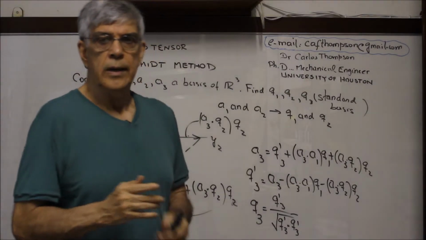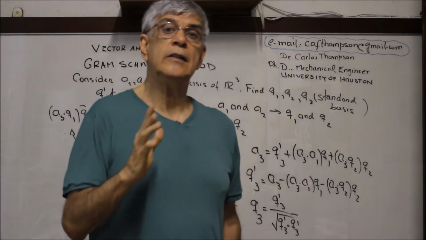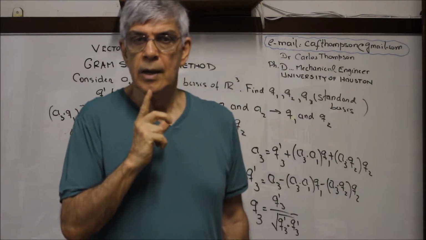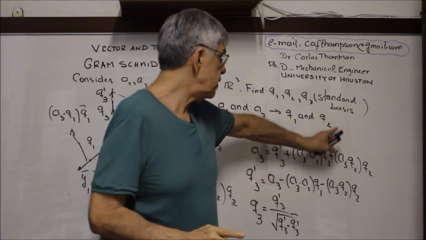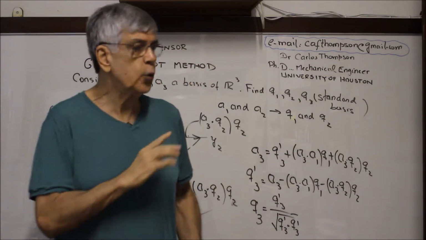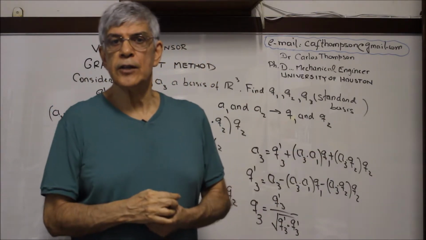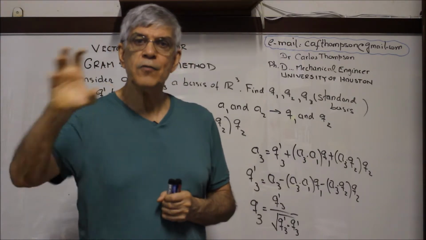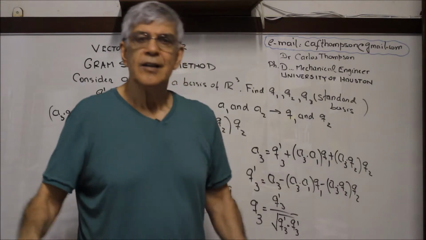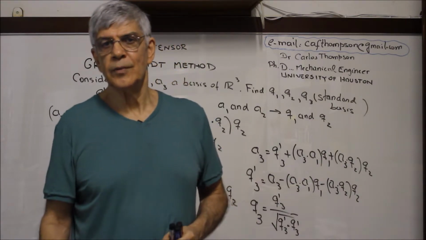Now, recall what you did in the last video. If we work with an orthonormal basis, the great advantage is that the transpose is equal to the inverse. That's a very important result.